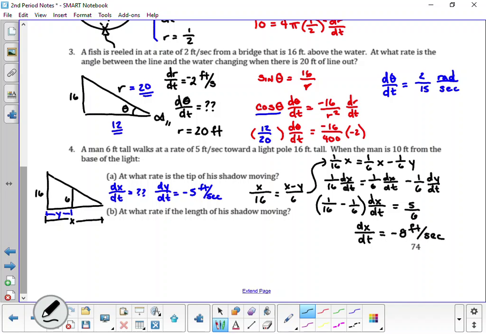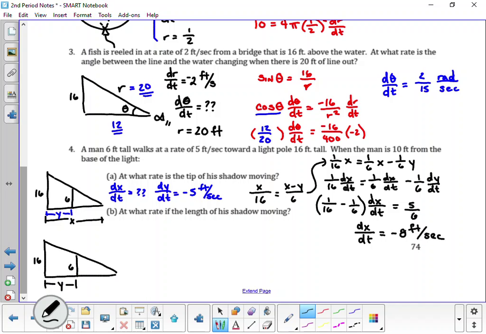And then the last problem is, at what rate is the length of his shadow moving. For this picture, this is still 6 and this is still 16, but we want to know this.